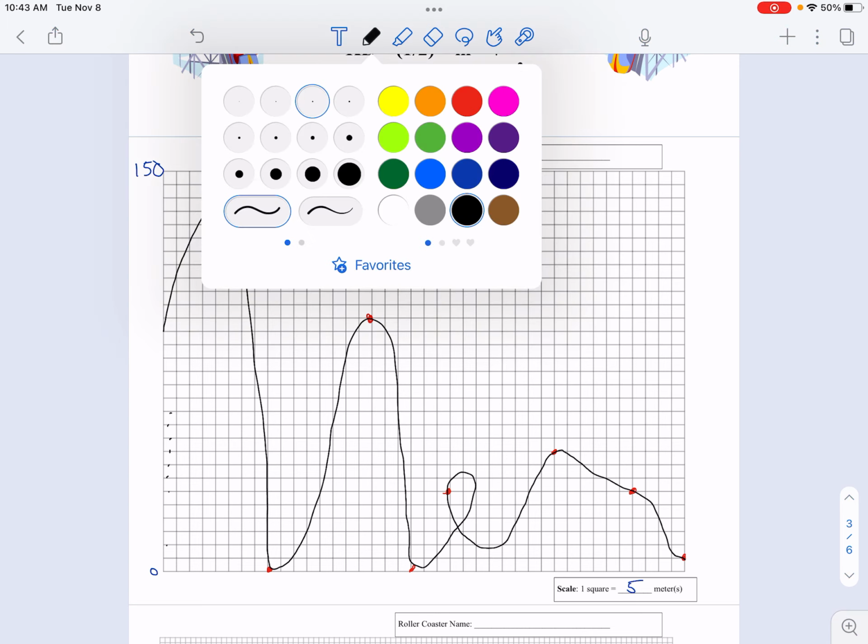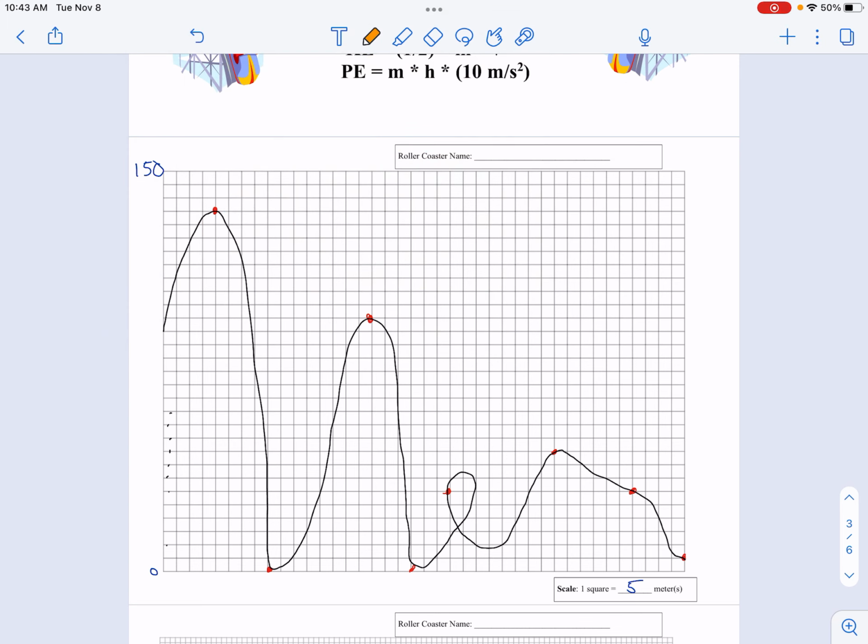You guys see how awesome my drawing is. We're going to make it orange. Now, why is there a roller coaster with a bridge right there?